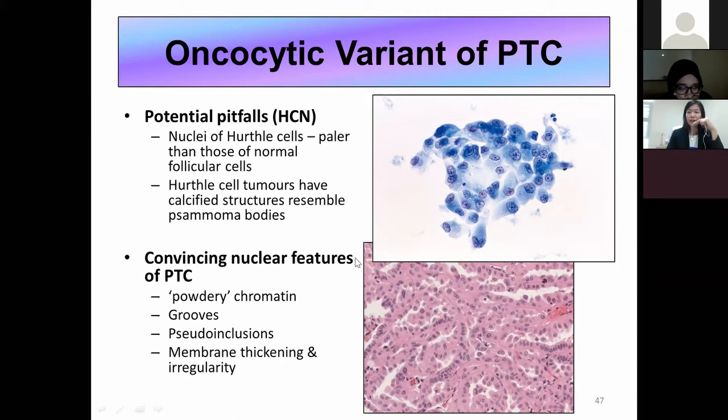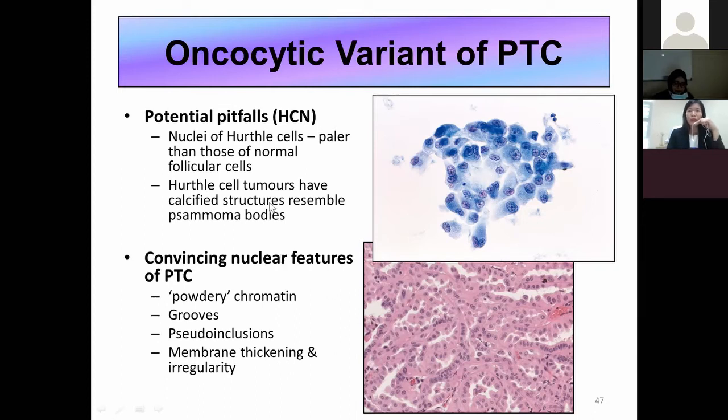PTC at times, as mentioned by Prof. Sharifa, we can actually diagnose confidently by cytology if we see all the nuclear features: powdery chromatin, irregular raisinoid nuclear features, prominent nuclear grooving and nuclear pseudo inclusions. Sorry, cytoplasmic intranuclear pseudo inclusions.